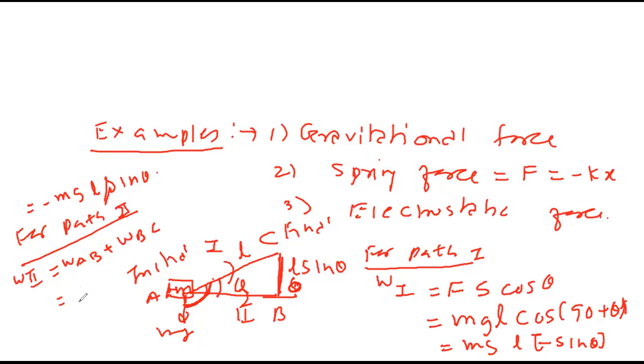Can you tell? Force and displacement are at 90 degrees, na? So 0, because it is mg and the angle between force and displacement is 90, cos 90. Yes, sir.